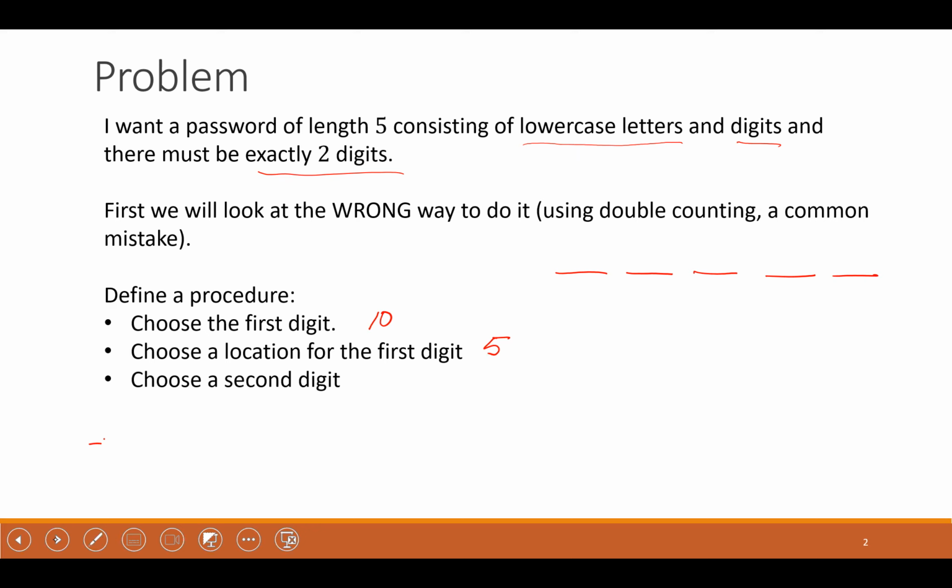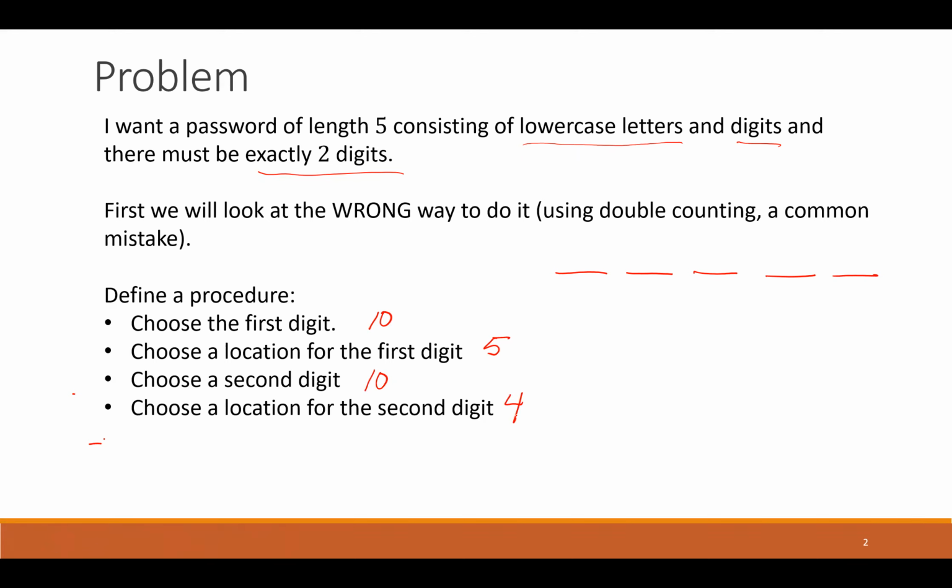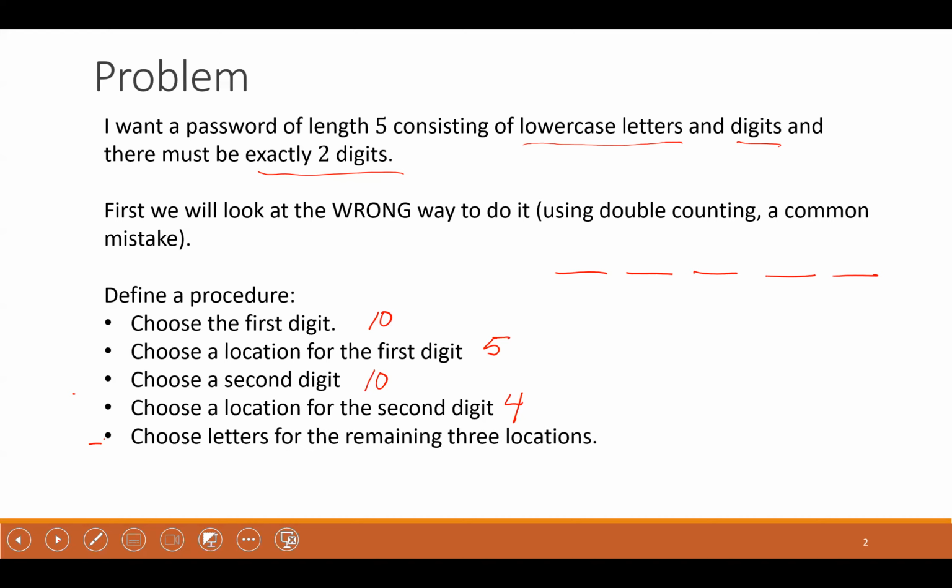Then I choose a second digit, again 10 choices, and a location for the second digit. I have 4 remaining locations. At that point I have 3 tasks left, but I'm going to roll them into one: putting letters in all the remaining locations.